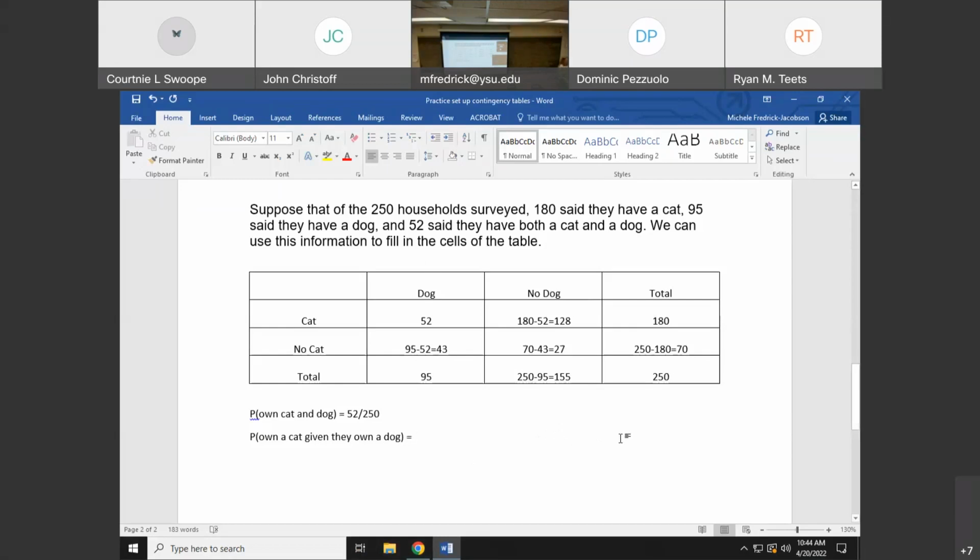What would the fraction be, anyone? Yeah. Because given they own a dog goes down. The probability of cat, 52 out of 95. Any questions?